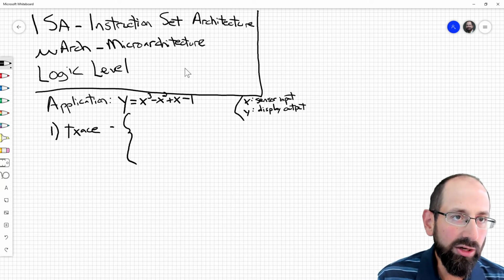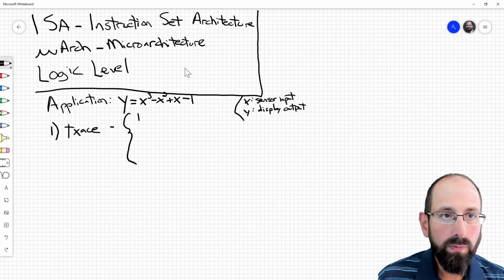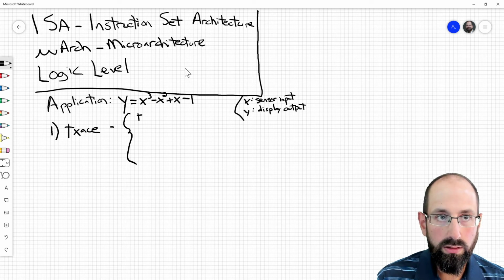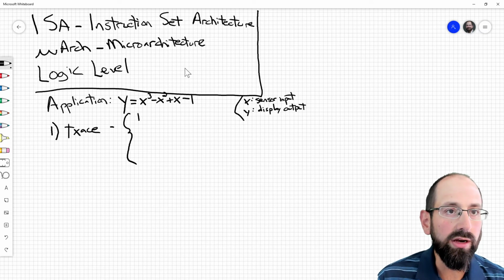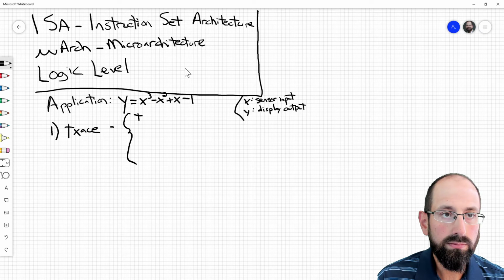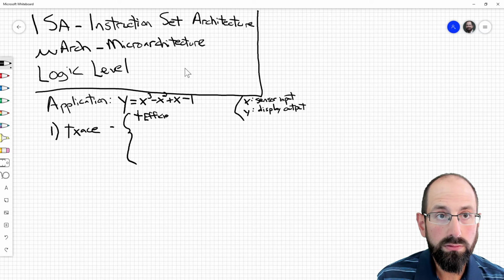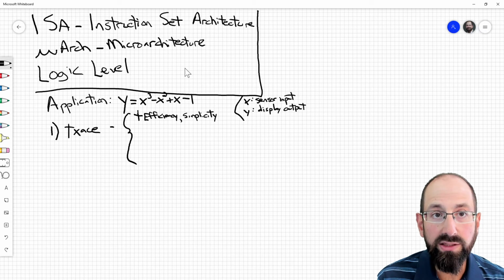The advantages, I think, are pretty clear, in that it's simple. And it should be pretty efficient too, right? We haven't talked at all about what that means from a microarchitectural perspective yet.